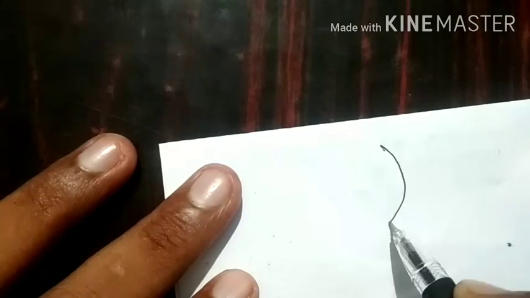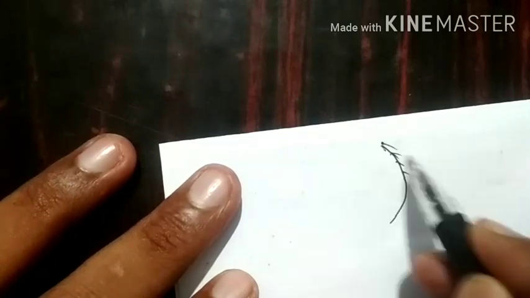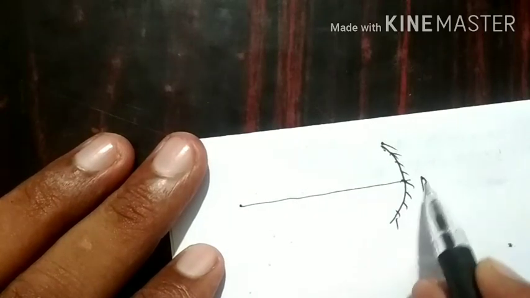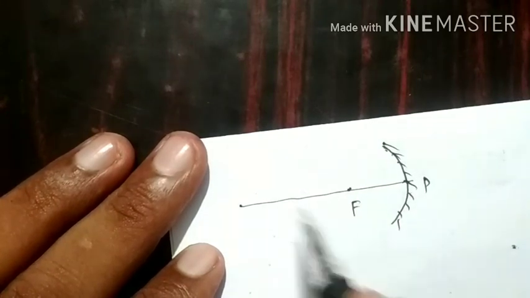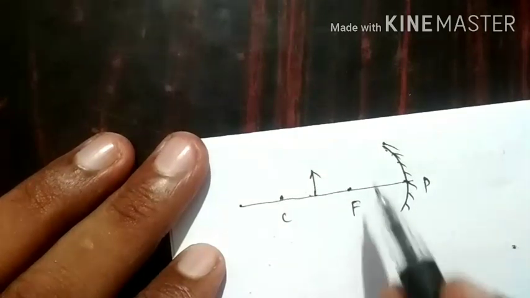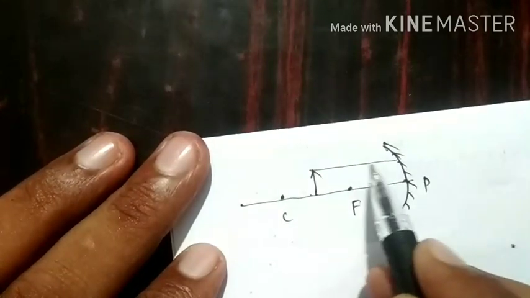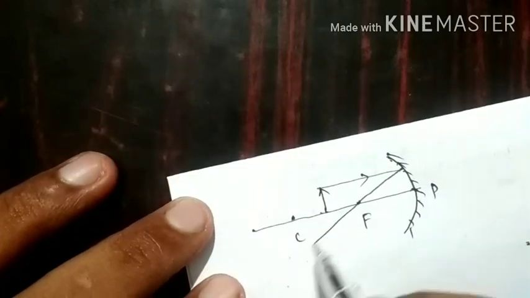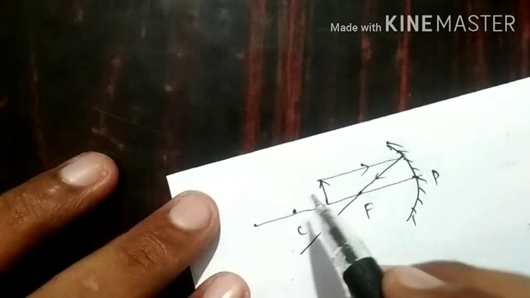Why we are not getting it means there must be some proportion; the values must be proportionately taken. The size of the image, the size of the object, the distance between F and C. If they are not in proportion, you won't get the answer. So this is a focus, and you consider the light rays passing through the principal focus.